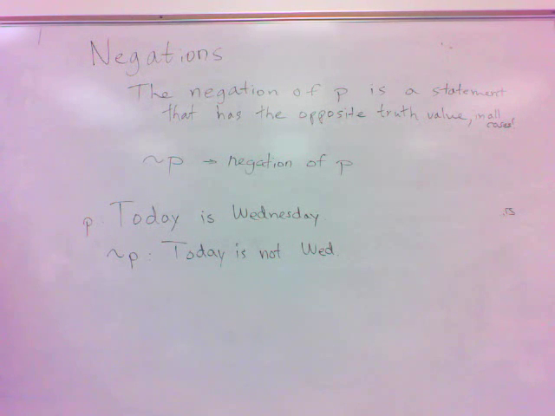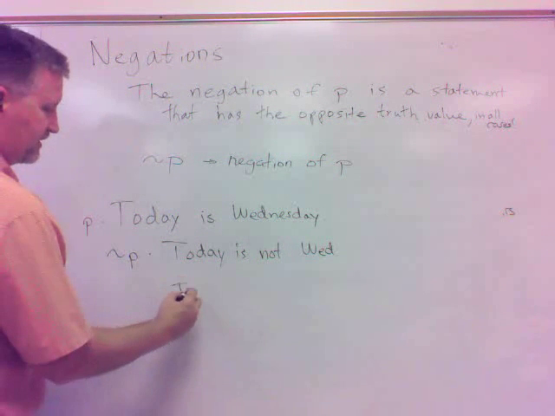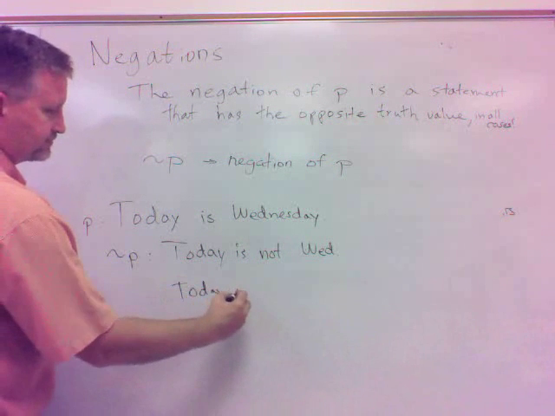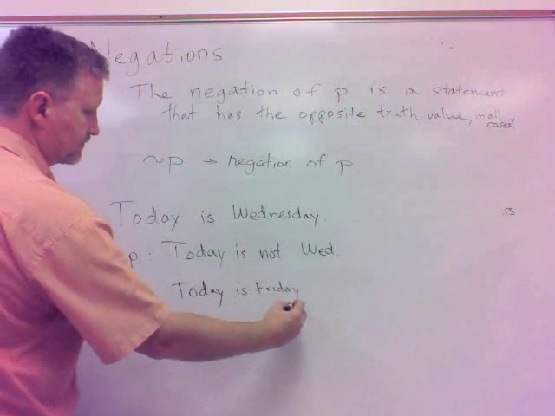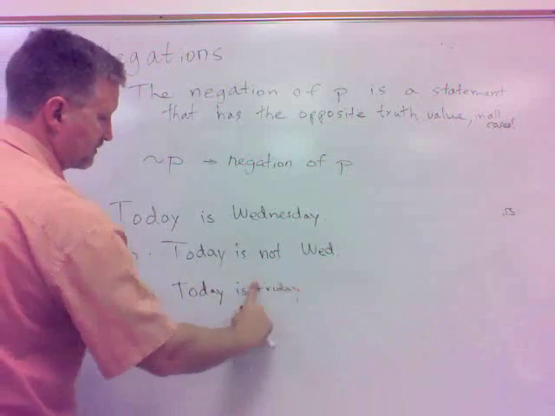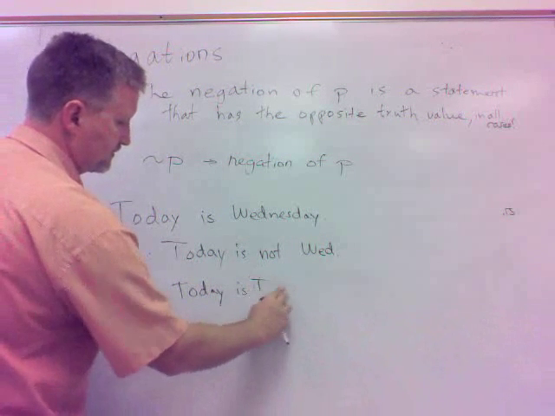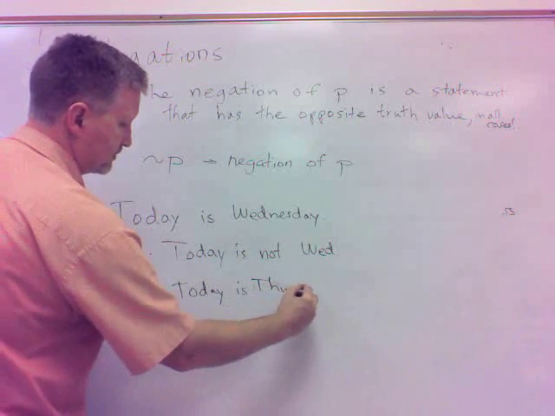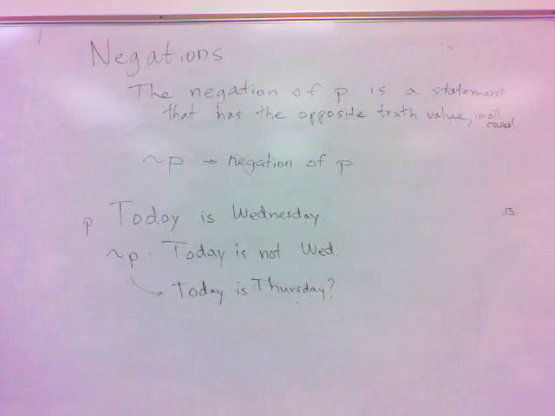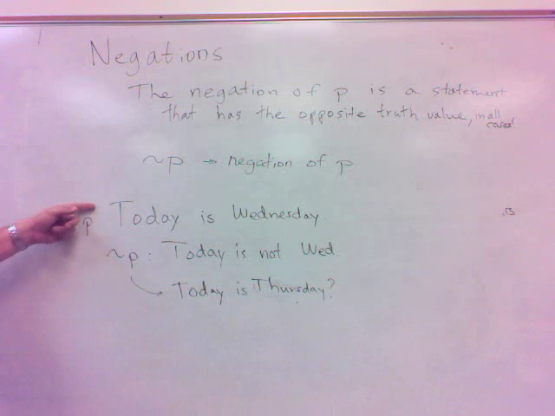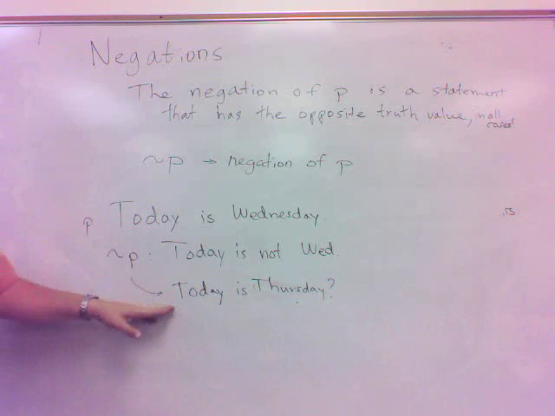Now, here's the thing, because sometimes there's more than one. Let's do this. Is that a negation? Today is Thursday? Well, if today is Wednesday is true, today is Thursday is false.